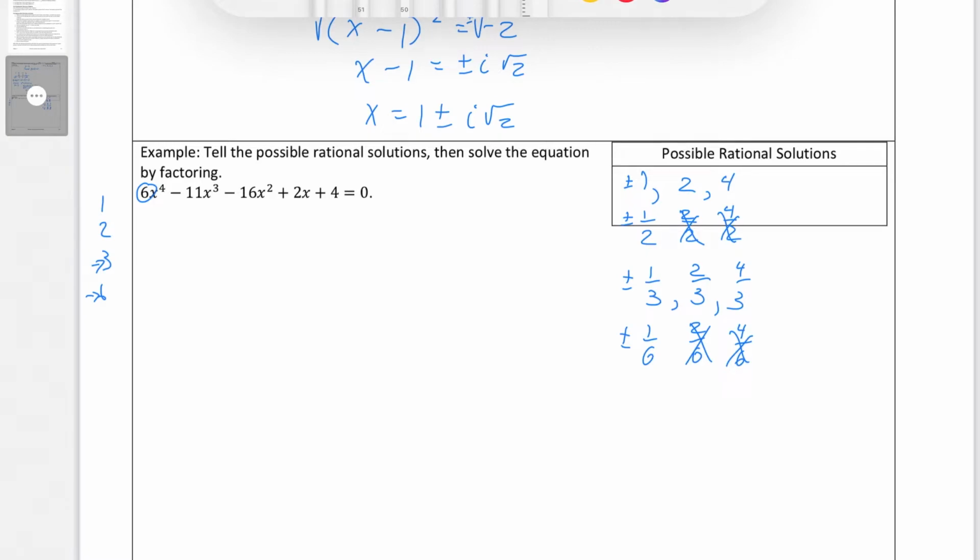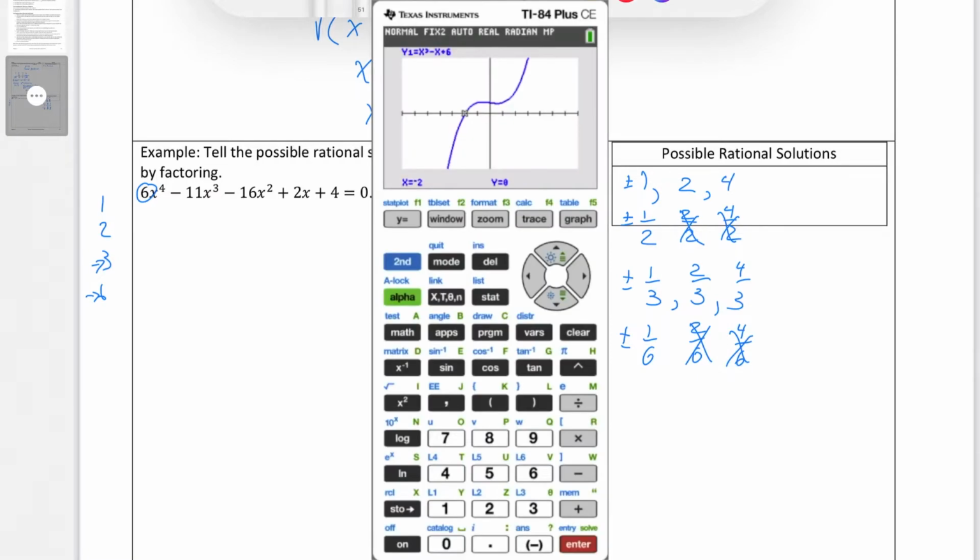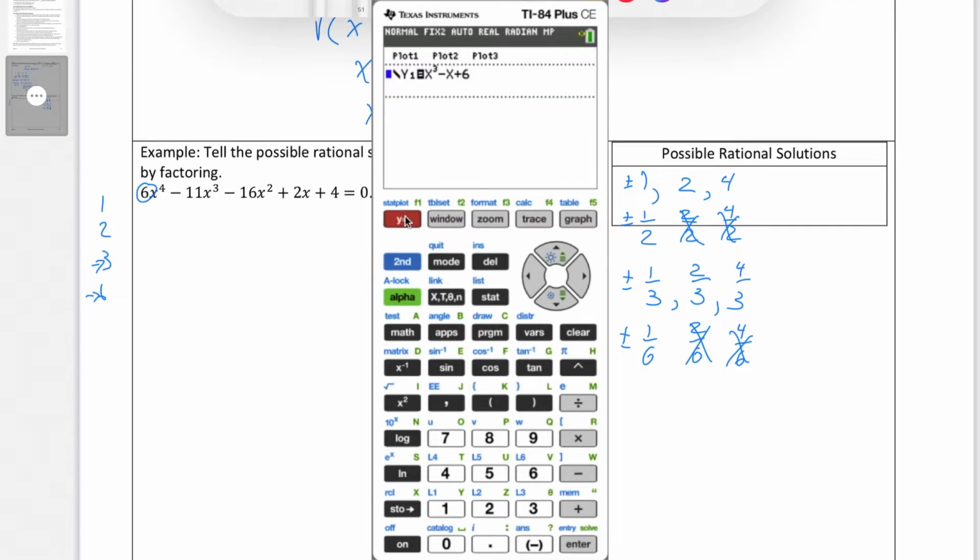Now, just like the last time, we're going to go to our calculator and put in the equation. I've already put that second equation in for convenience, so I'll reactivate it.